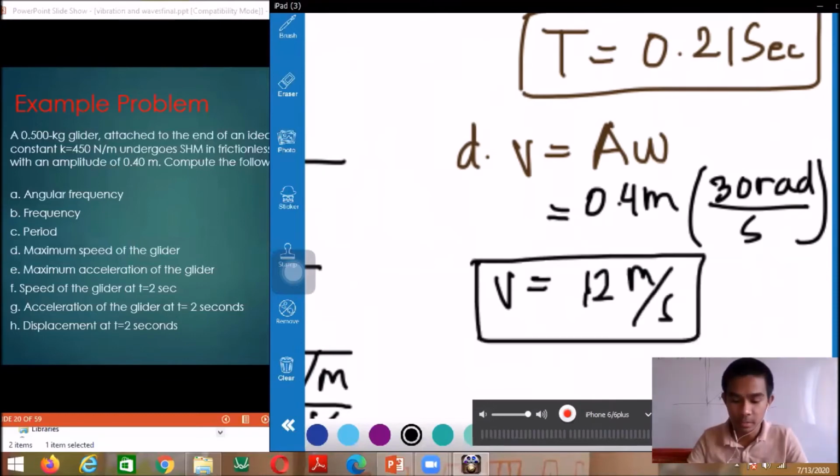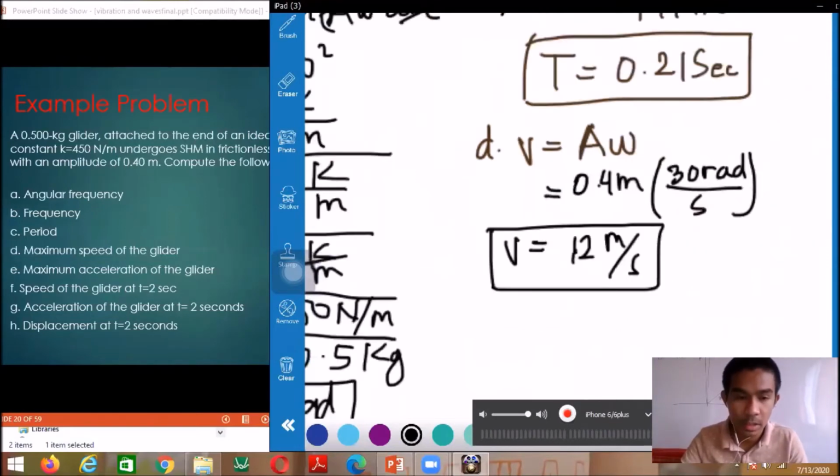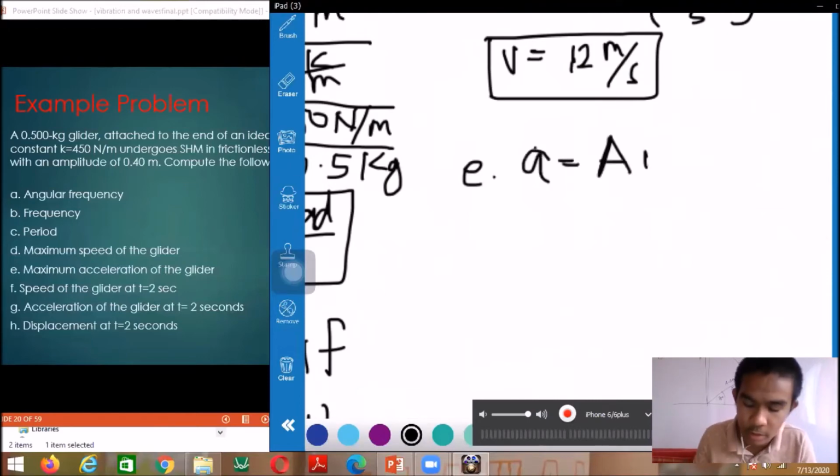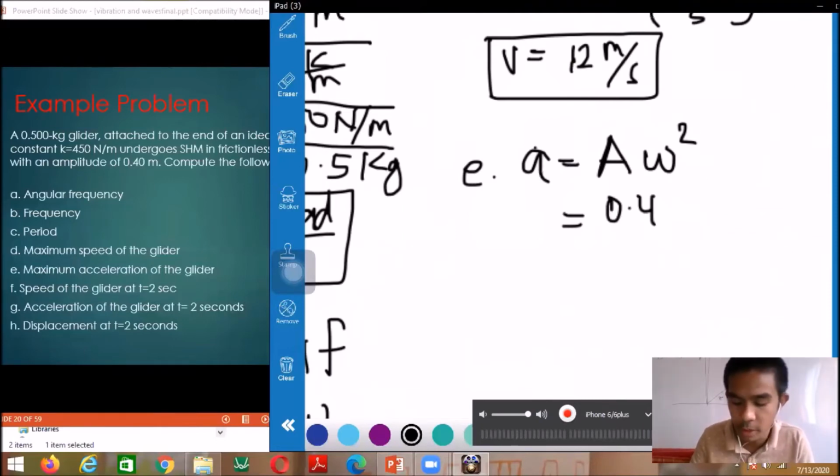We have the speed. Next, the maximum acceleration, it's letter E. Maximum acceleration, a, is the amplitude times the square of the angular frequency. Then that's 0.4 meters times the square of the angular frequency.